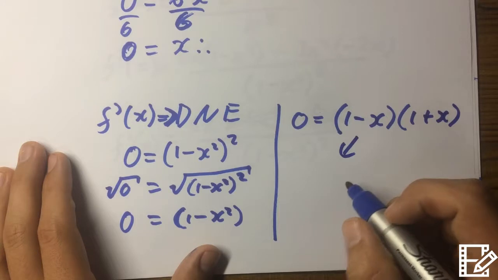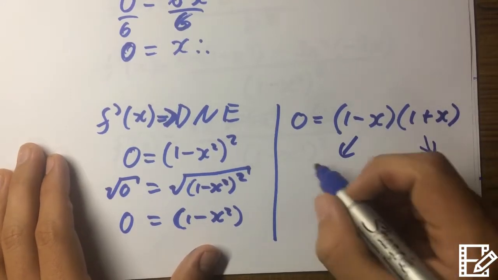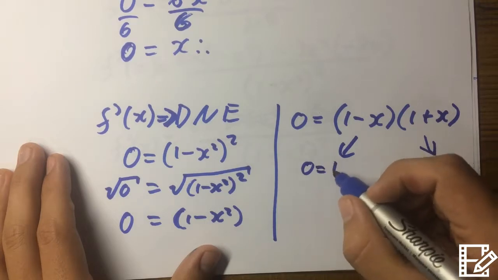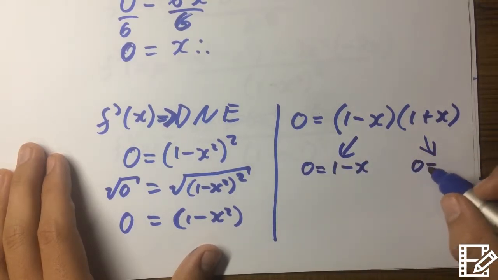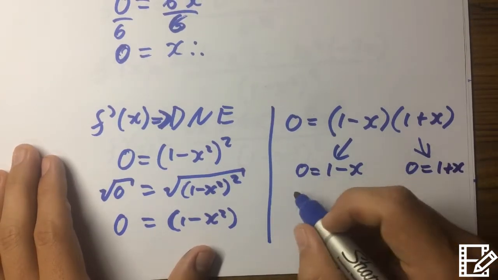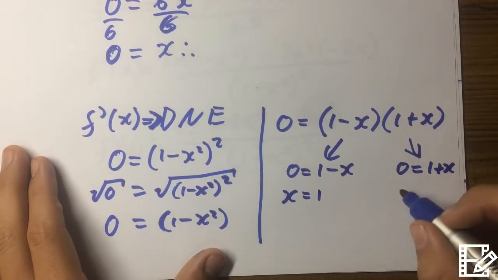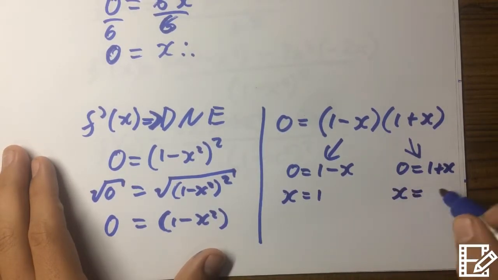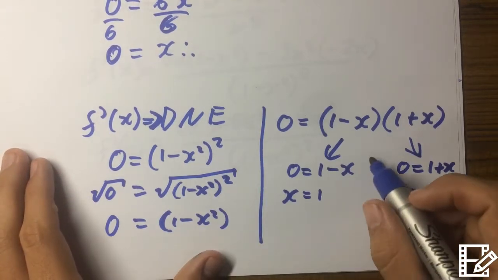So here, now we're focusing on just setting either one of these to 0. So 0 equals 1 minus x, and over this side 0 equals 1 plus x. Therefore, x equals 1, and on this side, x equals negative 1. Okay, so now we have 2 points.